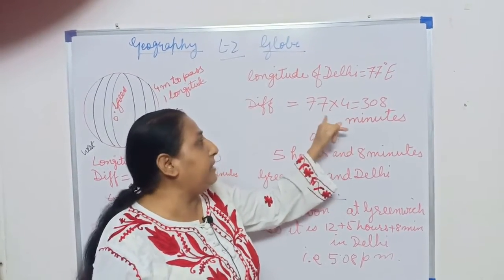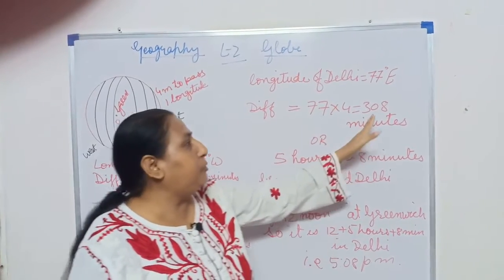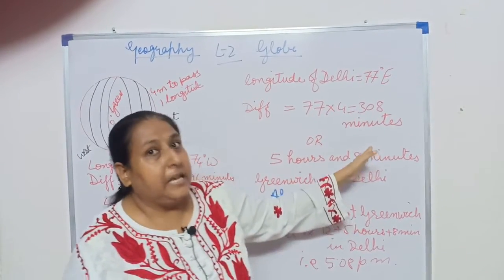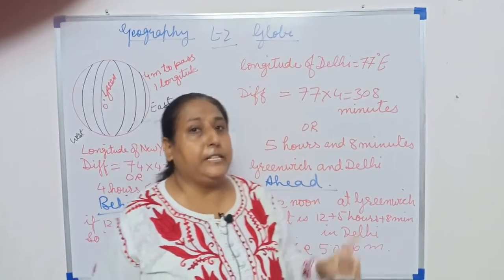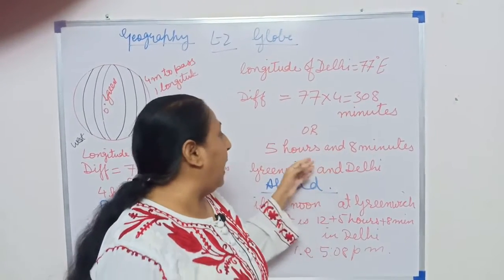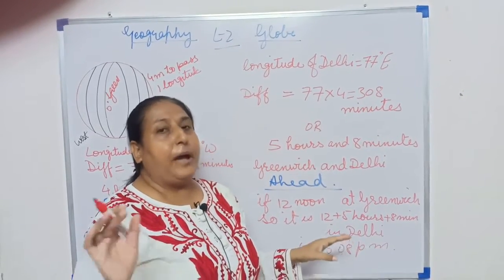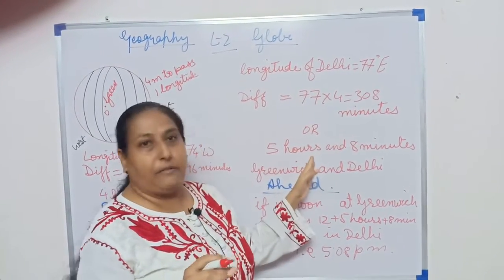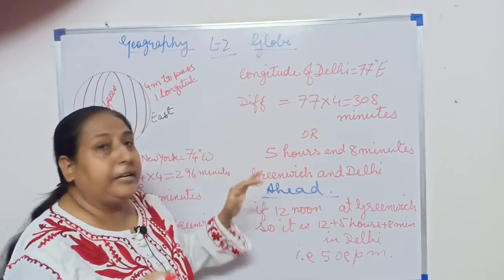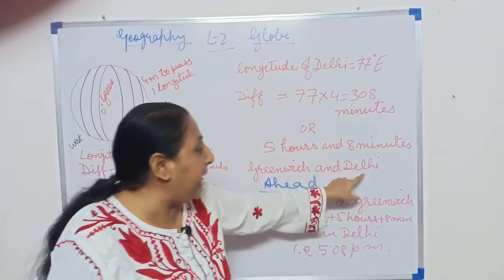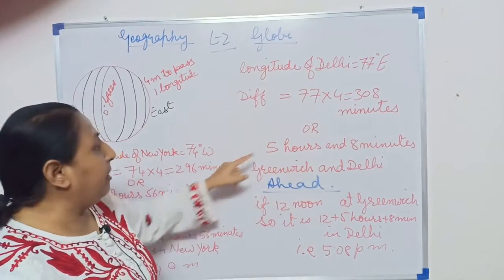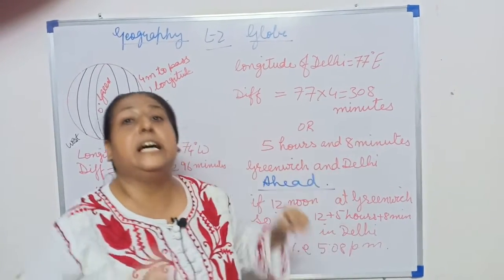So we are doing 77 into 4, that is equal to 308 minutes. Now if you want to convert these minutes into hours, it becomes 5 hours and 8 minutes. In your maths class you have learned how to convert minutes into hours. So now the difference between Greenwich and Delhi is 5 hours and 8 minutes ahead.